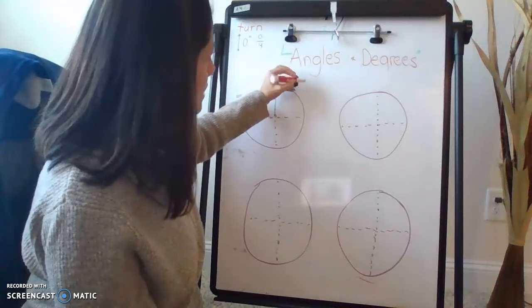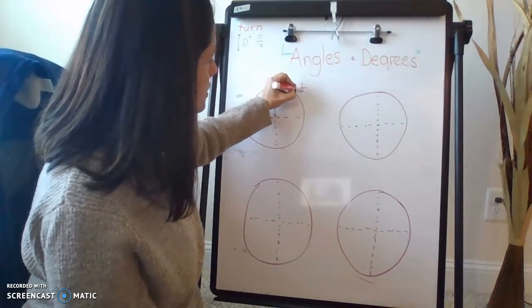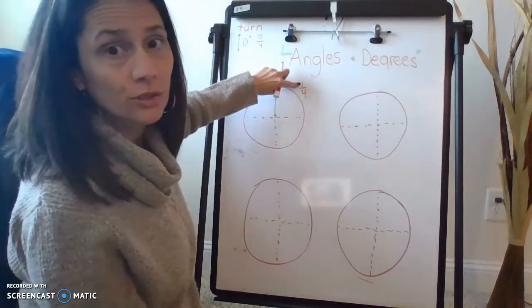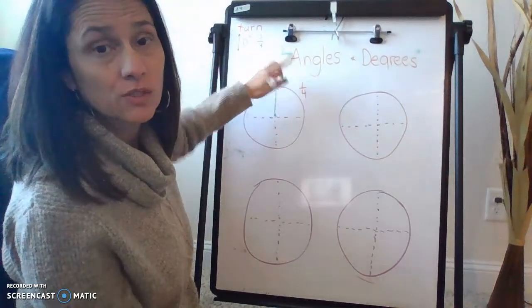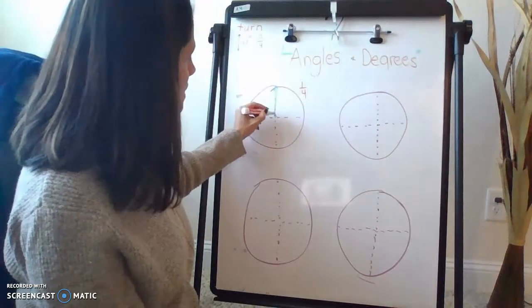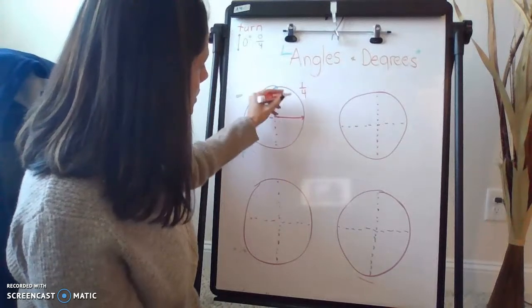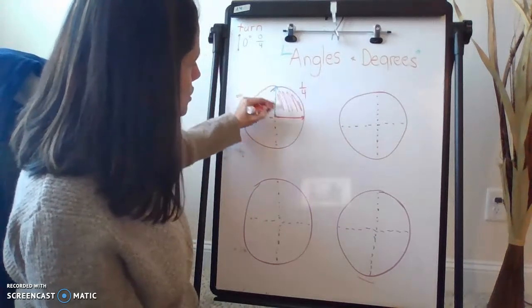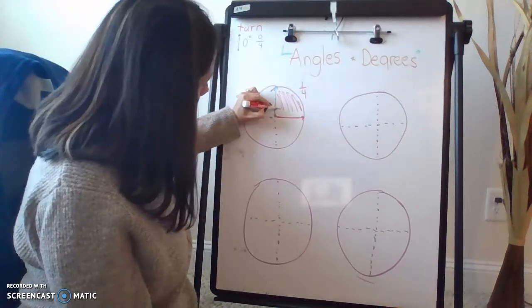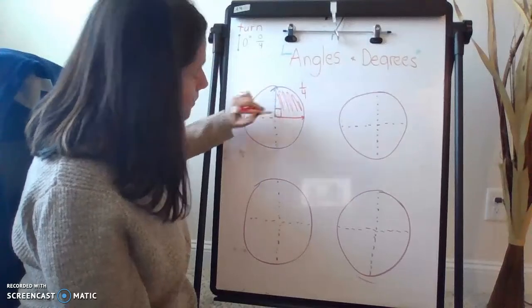Now we're going to turn 1 turn. This is how I write it. This is 1 turn out of 4 possible turns. So my green arrow moves to here, and it's turned 1 turn. And then we have our right angle right here.